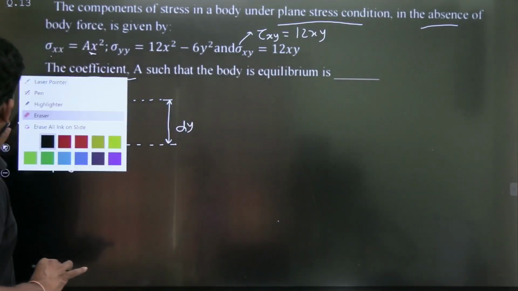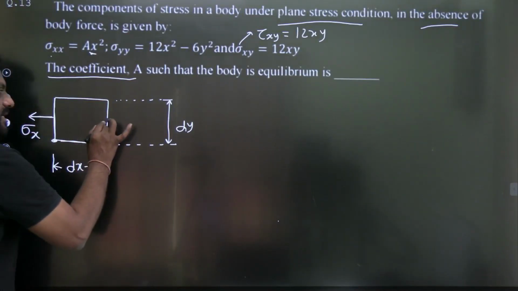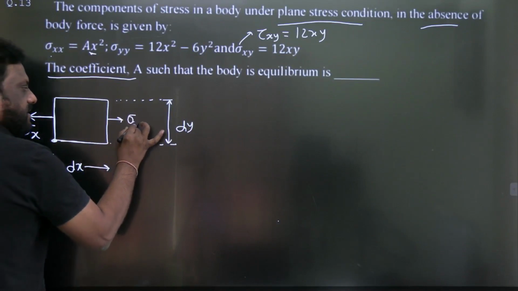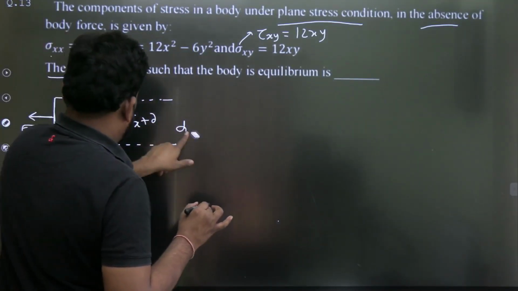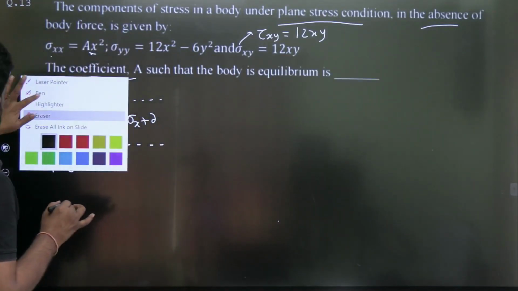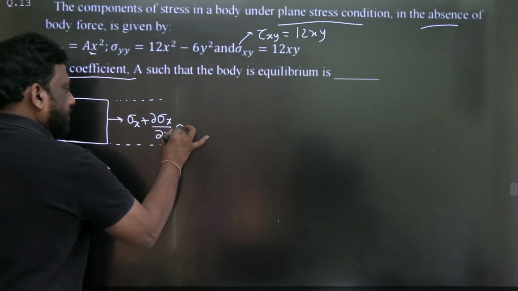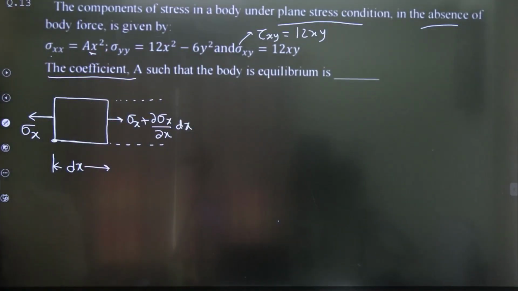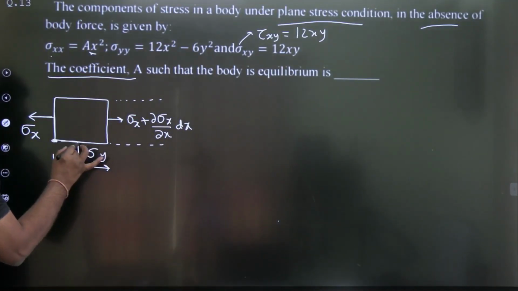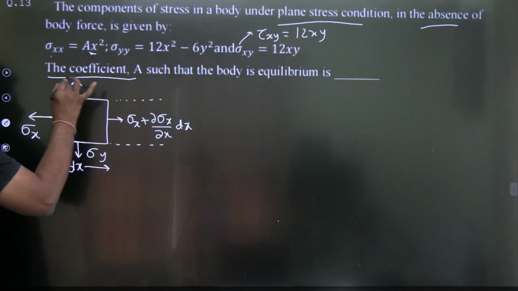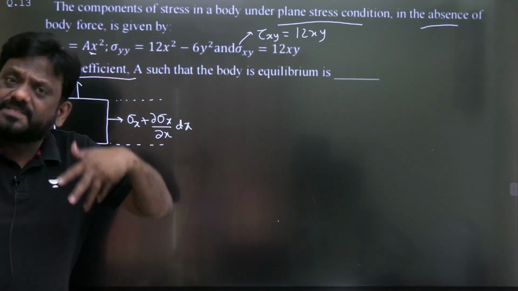Now, if it is sigma x here, then at a distance dx it will be sigma x plus dou sigma x by dou x into dx, absolutely fine. Why are you not taking sigma x here? It was given as a special case of variable stress.